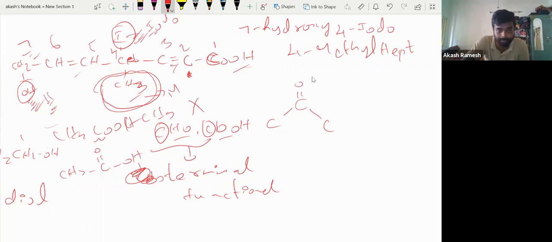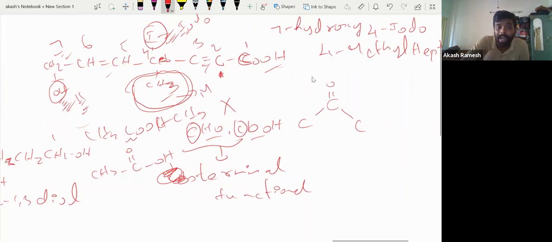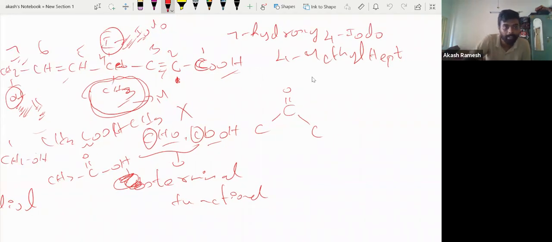Now comes your secondary suffix. For the secondary suffix also, when you have a double bond and a triple bond, you have to follow alphabetical order. Remember this. You're going to use en and yn both, and you have to make sure that en comes first, then yn, because alphabetically E comes first. So if I write that, where do I have the double bond?